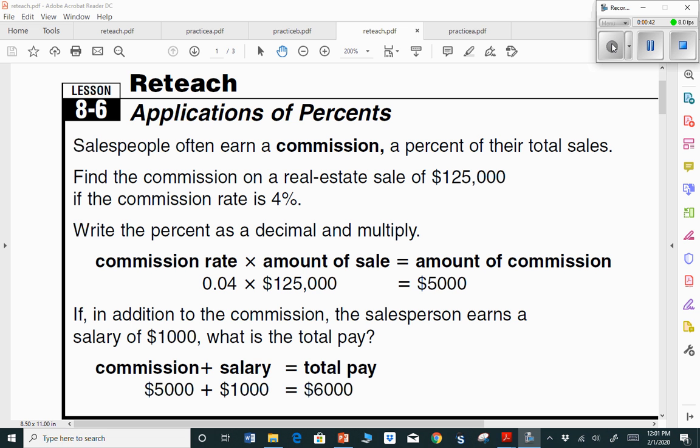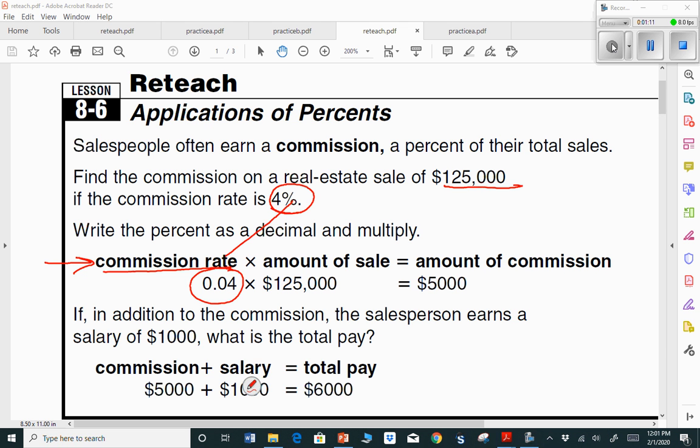So in this scenario, the house was sold for $125,000, and the real estate agent gets 4% of that, okay? So let's look at how to calculate that. This is the formula right here for figuring out commission. The commission rate, that means the percent. So in this case, that was 4%, and you have to write it as a decimal.